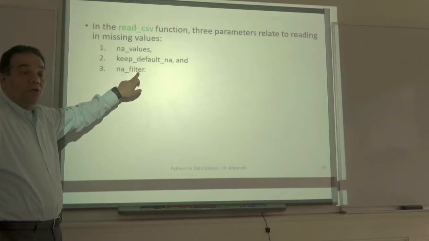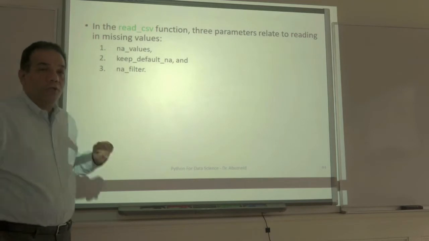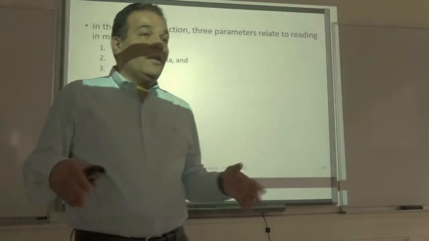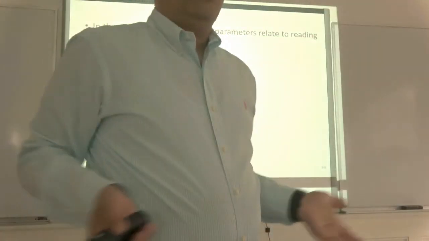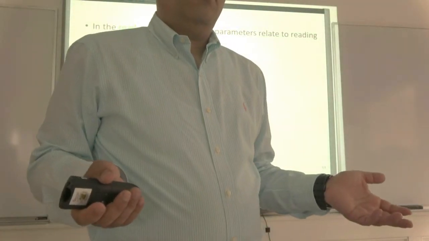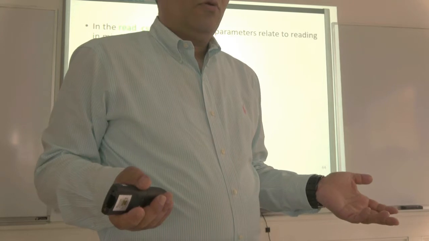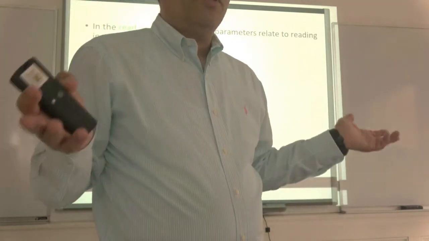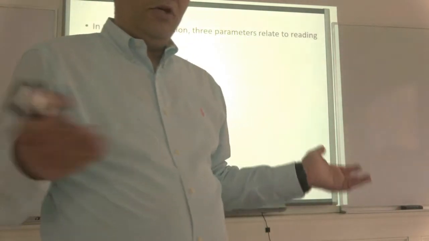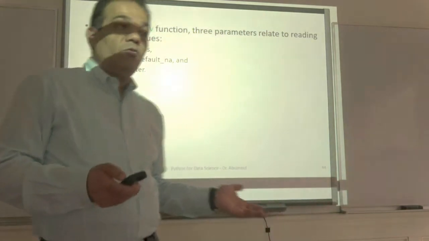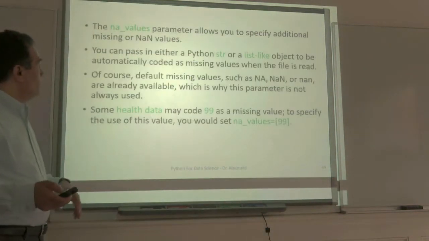Let's take a look at what they do. You could tell it when you load the file, for any NaN value, replace it with this value, or do something with it. There are rules that will help you when we deal with that.